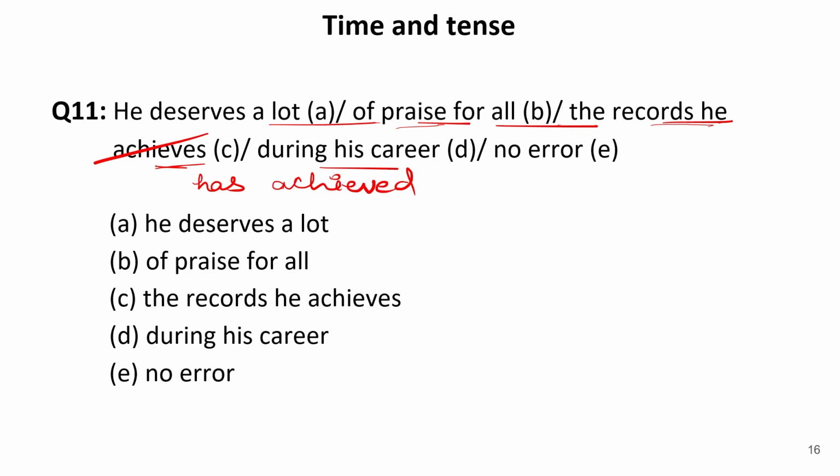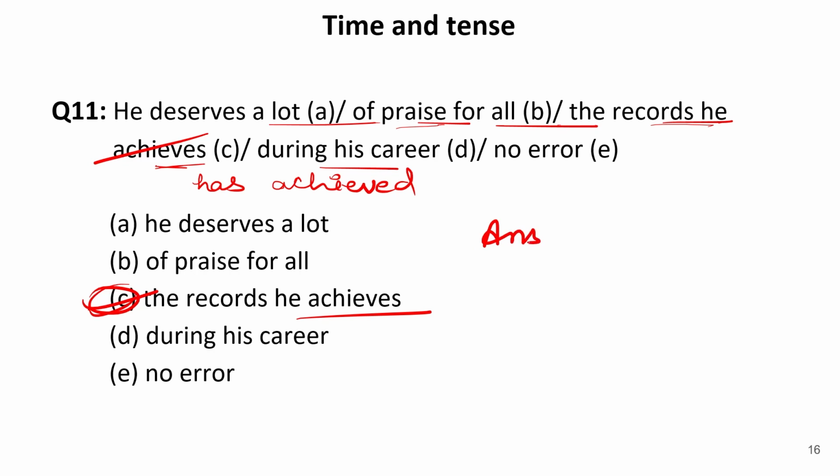Only for them will he get the praise. So he deserves a lot of praise for all the records he has achieved during his career. So our error is in part C, where "achieves" should be replaced with "he has achieved".